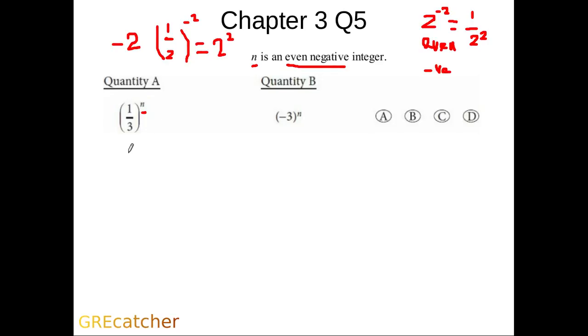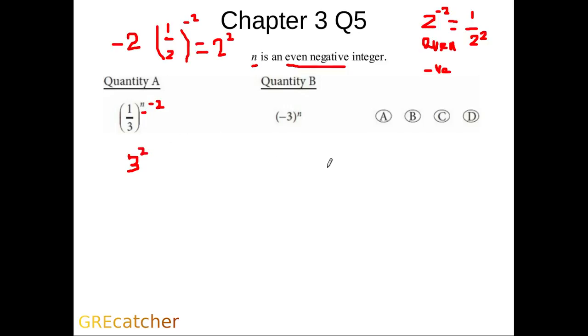So let's try to solve it. I will substitute n with negative 2 in quantity A, and the same thing in quantity B. If you put (1/3) raised to the power of negative 2, you reverse it to 3 to the power of 2.